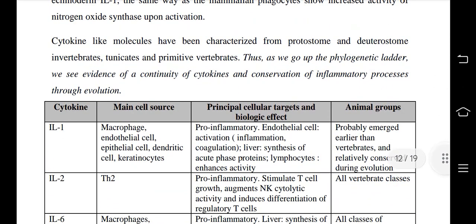So cytokine-like molecules have been characterized from protozoa and deuterostome invertebrates, tunicates and primitive vertebrates. Thus, as we go up the phylogenetic ladder, we see evidence of a continuity of cytokines and conservation of inflammatory processes throughout evolution.